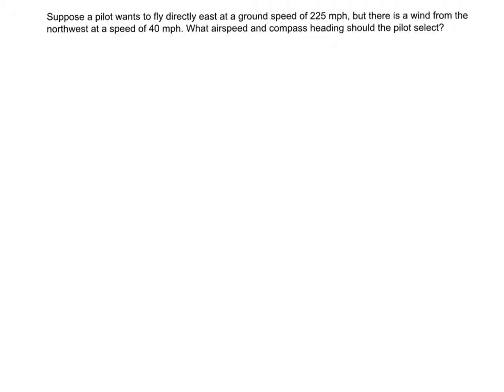That is telling us that this is the resultant vector. It wants to travel at a ground speed of 225 miles per hour directly east. So our answer is going to be due east at 225 miles per hour.